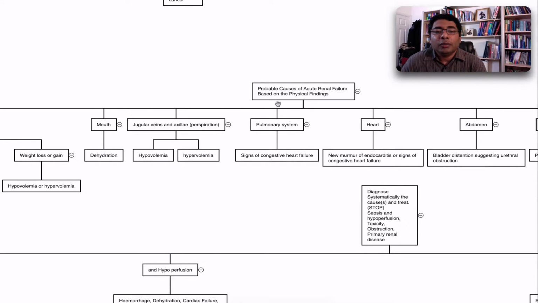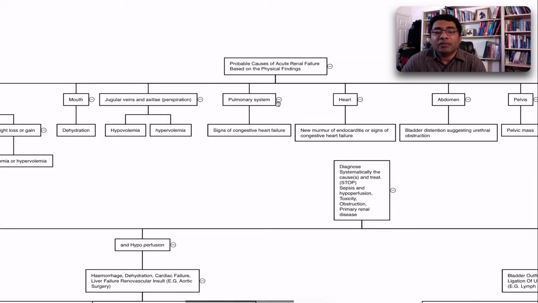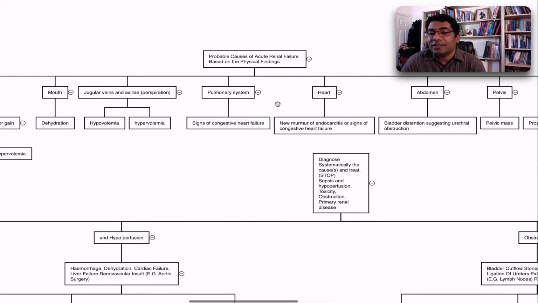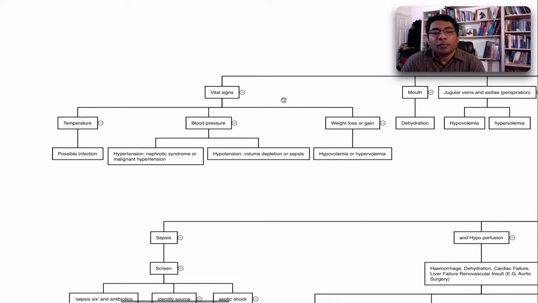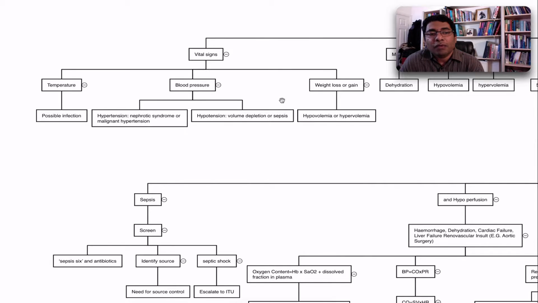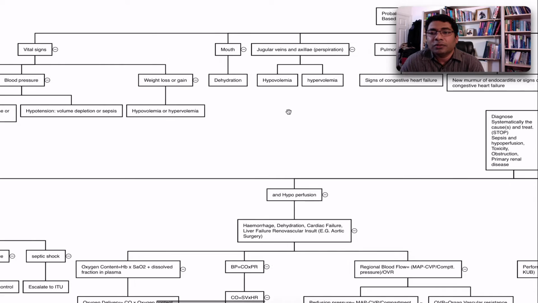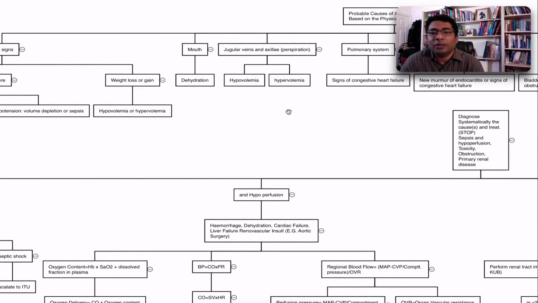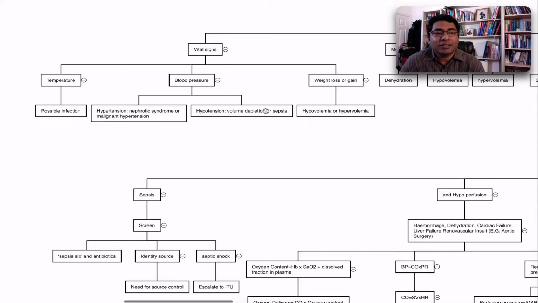Right, now we look at probable causes of acute renal failure based on physical findings. So look at the vital signs, and do your systemic examination properly. If the temperature is high or low, you can suspect infections. Check the blood pressure.